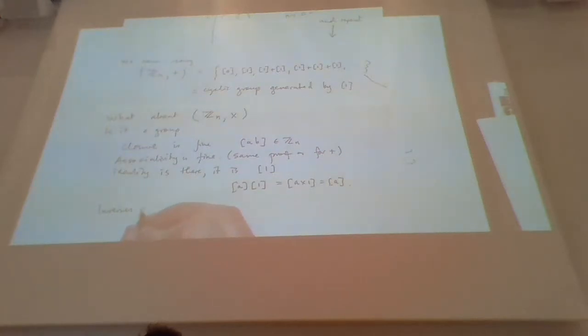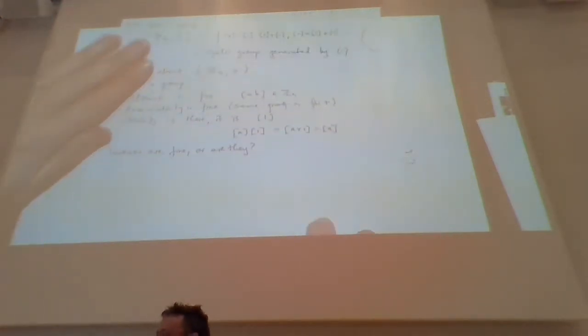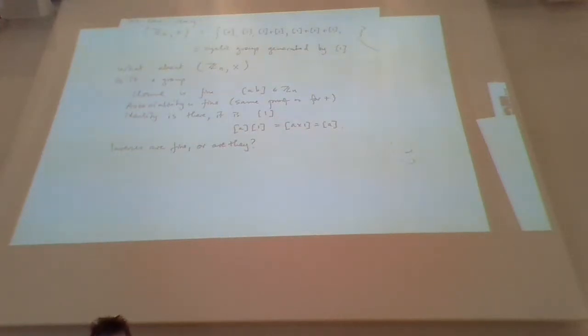Inverses are fine, of course. Inverses are around. Or are they? Of course, there's inverses. The inverse of A is the congruence class of 1 over A. Obviously, it's easy.